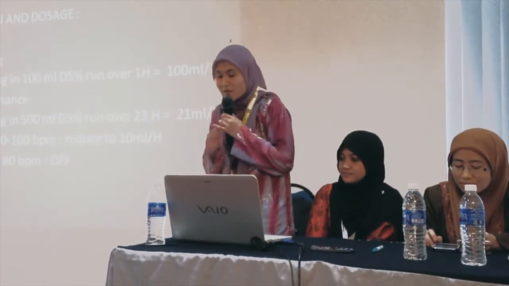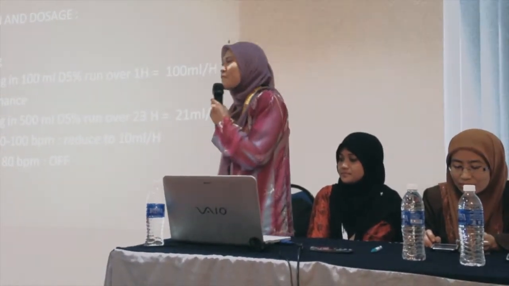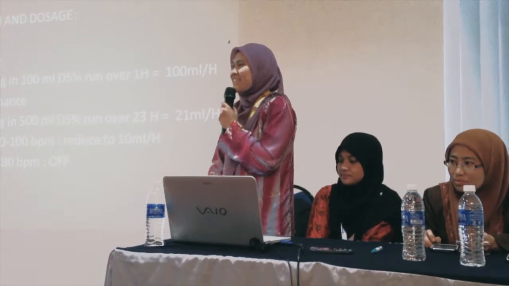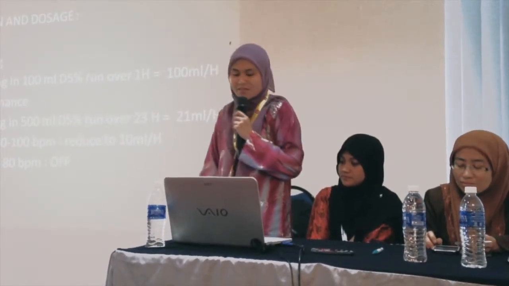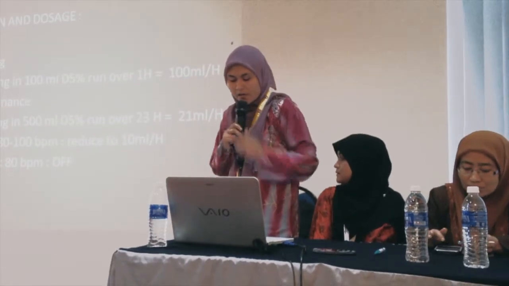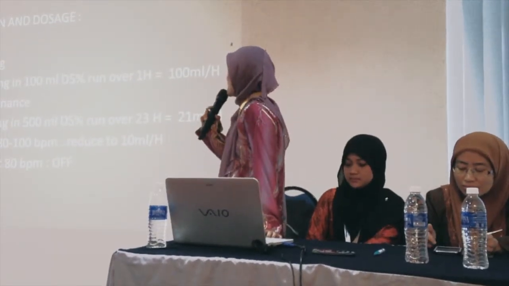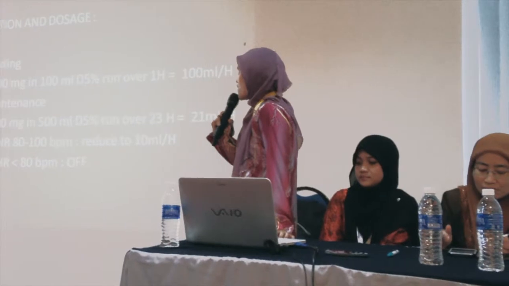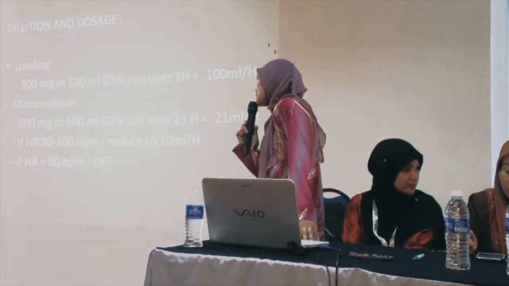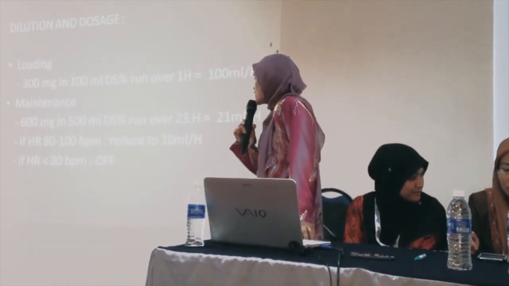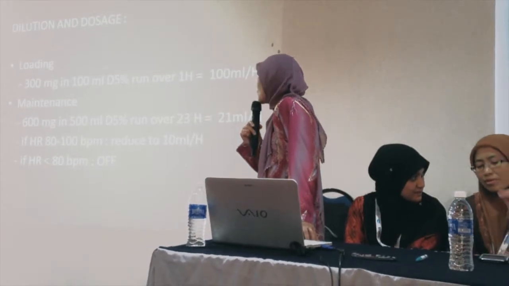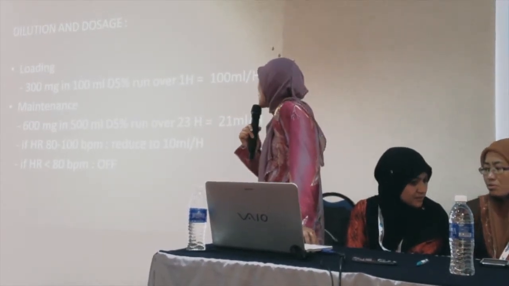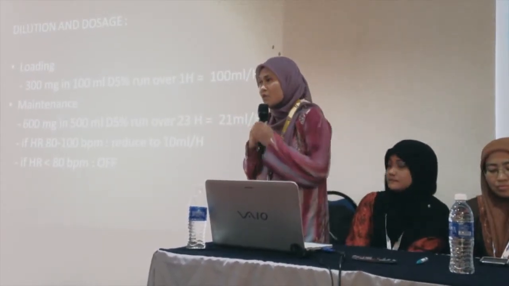Alright, good. 150 mg in 3 ml. Okay, so diluted in 100 ml dextrose 5%, and run it over 1 hour. As for the maintenance, it's 600 mg in 500 ml dextrose 5%, run over 23 hours, that equals to 21 ml per hour. Okay, but you need to be cautious, alright?